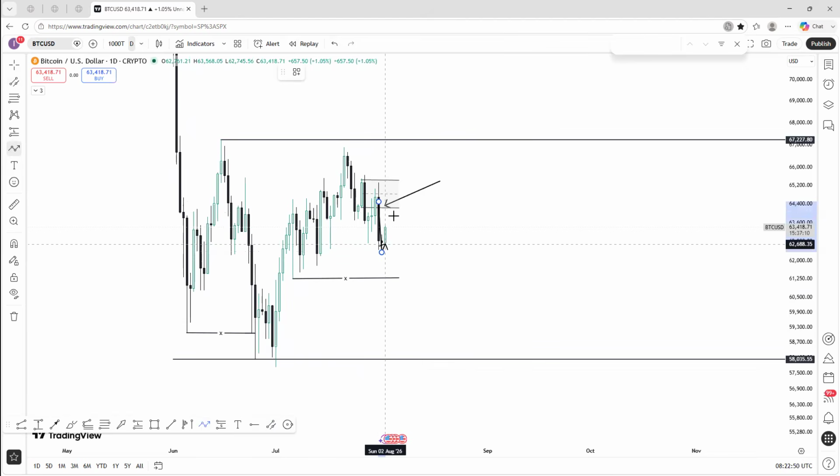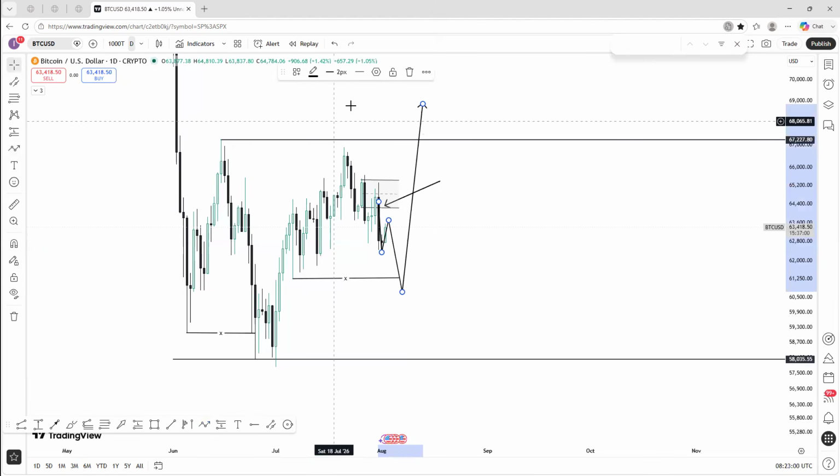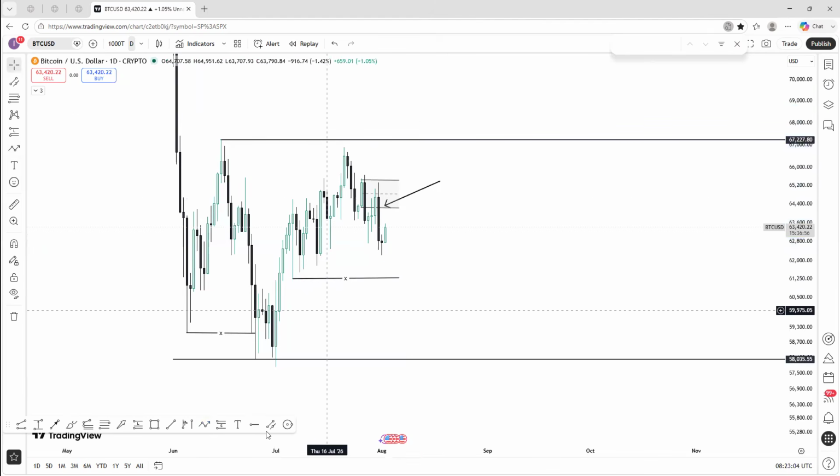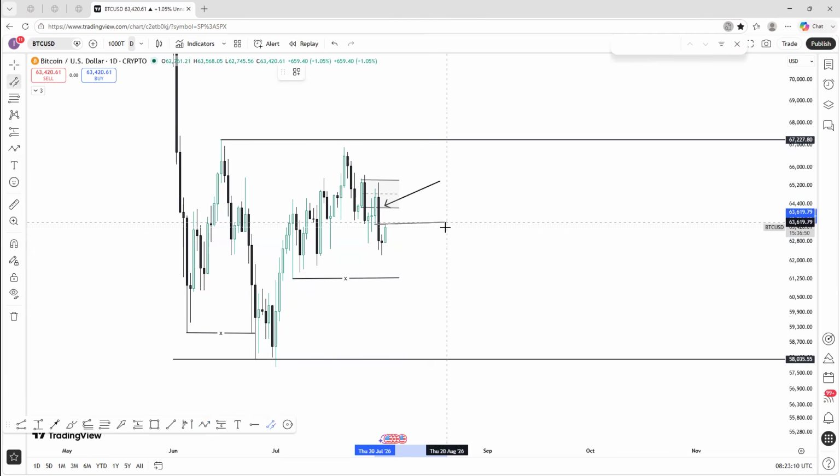So expected price retraced back to this imbalance. We have very clear imbalance here, and then price may drop to take out liquidity, and then later we will find buys to hunt that buy side liquidity. So on the time frame here, right now price is ranging on this imbalance. A very good imbalance.